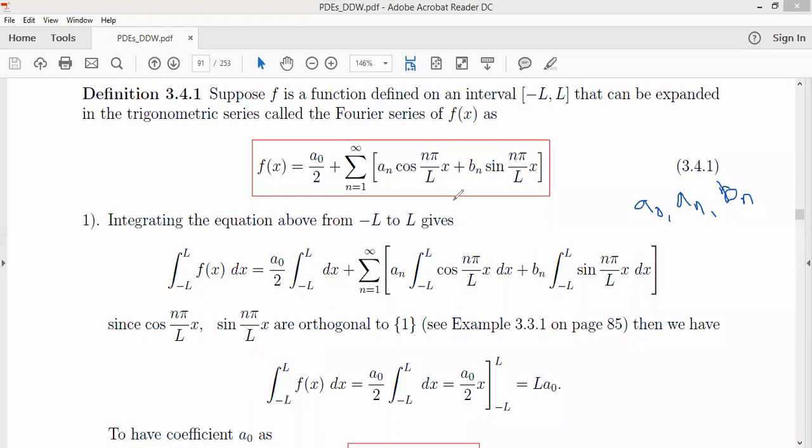If it is a Fourier sine, which would be odd, that would imply that you have only bn, and a naught and an are 0.